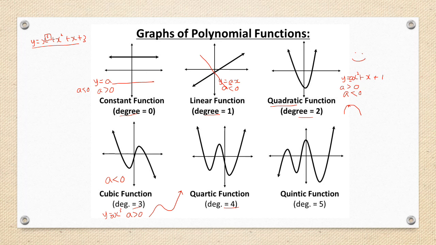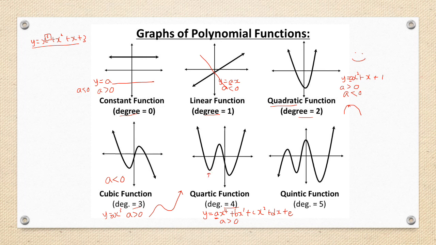Now let's take a look at quartic functions. Quartic functions mean that you have a degree 4. So let's say y equals a x power 4 plus b x power 3 plus c x squared plus d x plus e. If a is larger than 0, you have this W shape.